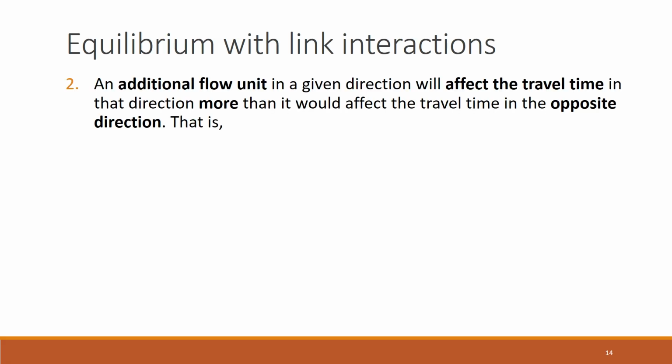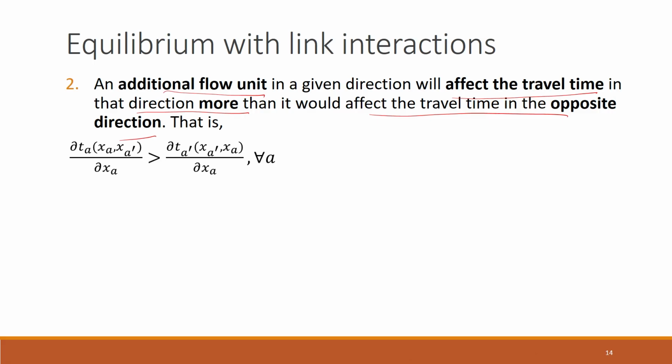And the other condition is that an additional flow unit in a given direction will affect the travel time in that direction more than it would affect the travel time in the opposite direction. Okay, this is a new condition that we had not seen before. Mathematically, it means that when you take the partial derivative of the travel time on link A with respect to the flow on link A, then that is larger than the travel time change that would happen with respect to the same flow unit in the opposite direction.